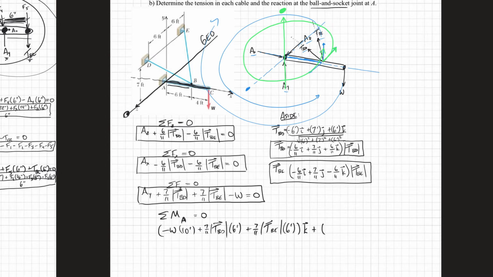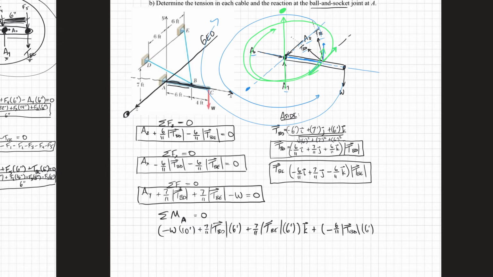So I'm going to go minus, let's see, this is the Z component, so that's going to be 6/11 TBD, and again, that moment arm is 6 feet. Now, on the other hand, I need to account for the TBE, and it's the same sort of thing, except it's causing it to spin the opposite direction.